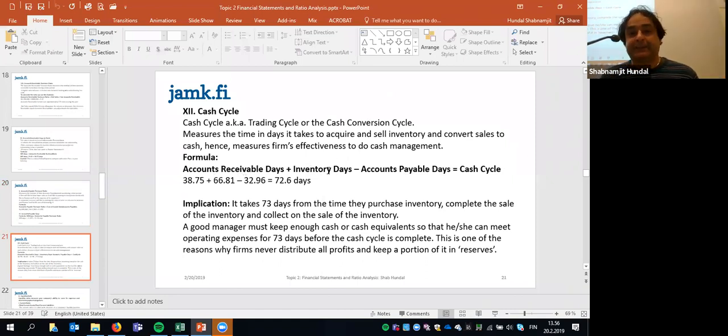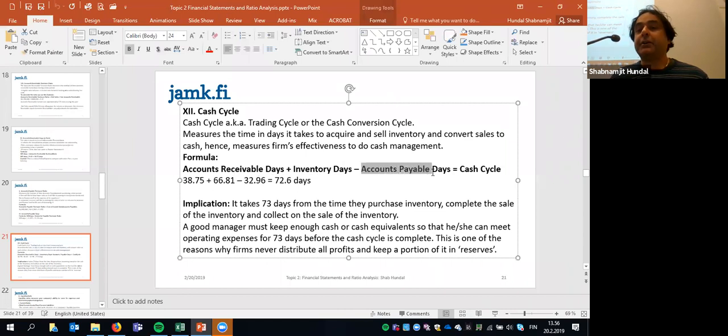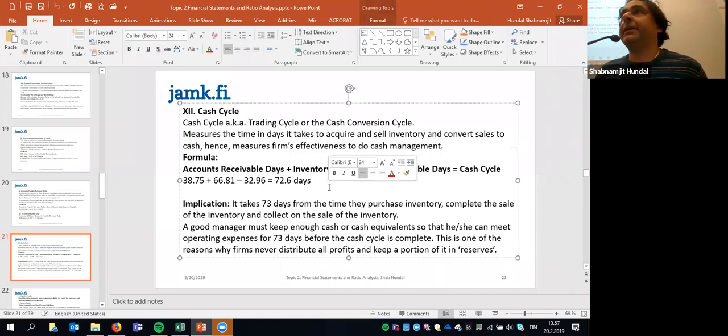You want inventory days less. You want accounts receivable days less. They should pay you faster, but you want that you should pay your supplier as delayed as possible. And when you make the final, it comes out to be 72.6 days. Here, it means 73 days.